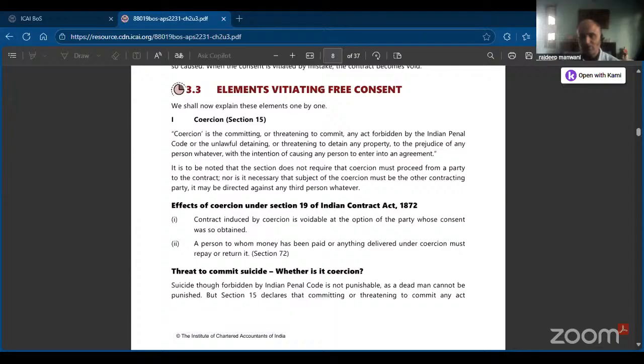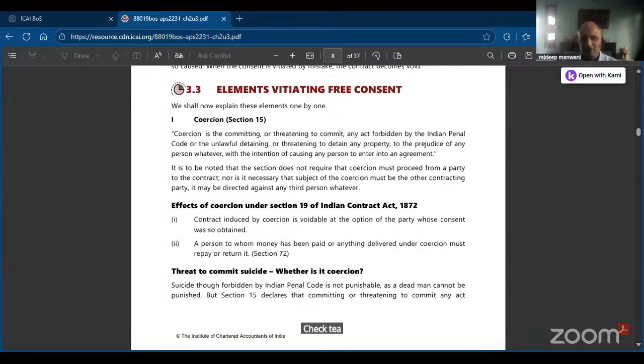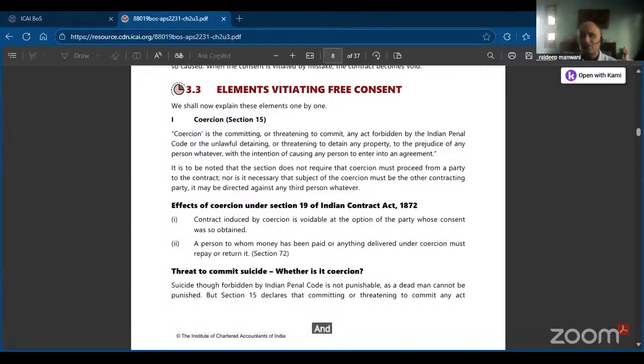The most famous case here is Ranganayaki Amma versus Alvar Chetty. What happened in this case was there was this lady, she became a widow at a very young age, and her husband left her property.